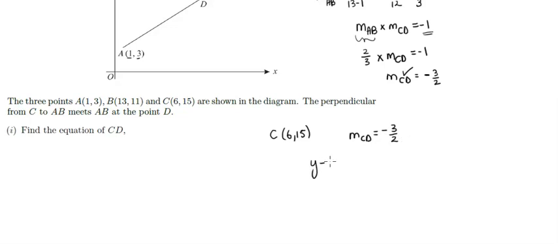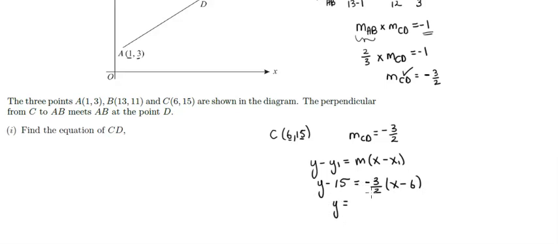So now we can use the formula y minus y1 is equal to m times (x minus x1). So y1 is 15, the gradient is minus 3 over 2, and x1 is 6. And now we just get y by itself.